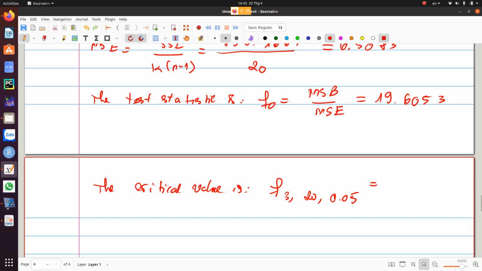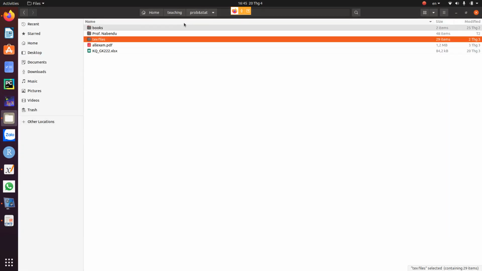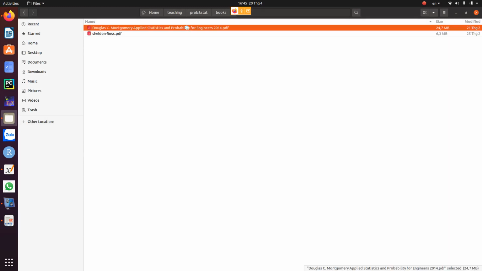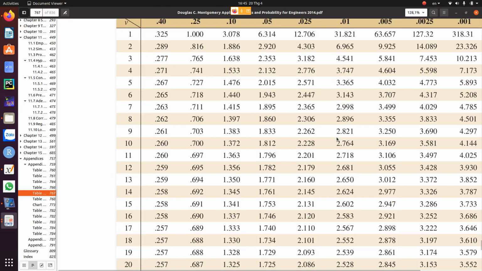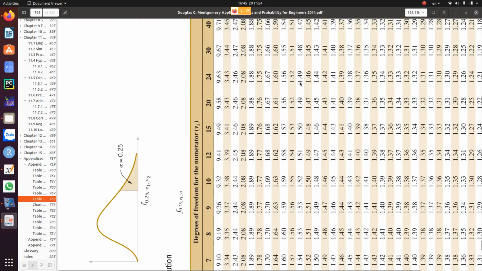Let me show you. Fisher distribution. Okay, scroll down. Remember that because of the Fisher distribution, we have three variables, df1, df2, and alpha. So we don't have a single table. We have one table corresponding to each significance level alpha.